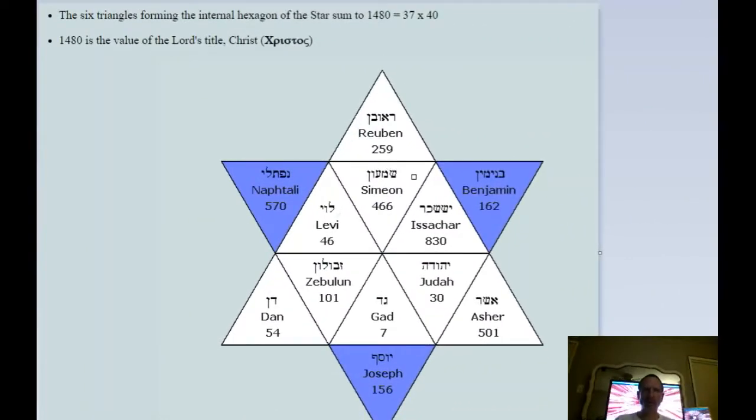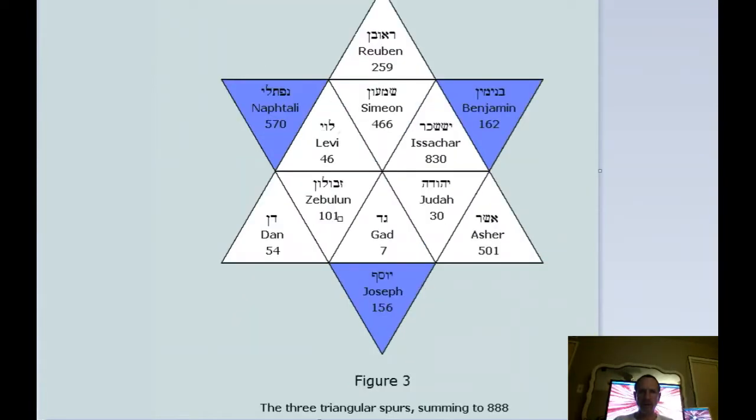When using the Hebrew gematria value for the names of the tribes of Israel in the Star of David in its matrix, the Star of Israel, the internal hexagon of the tribes Simeon, Issachar, Judah, Gad, Zebulun, and Levi, their Hebrew gematria sum total is 1480, which equals the Greek isotropy value for the name Christ, the Anointed.